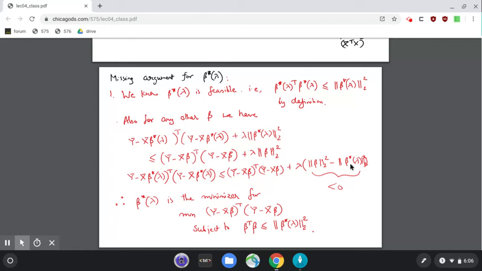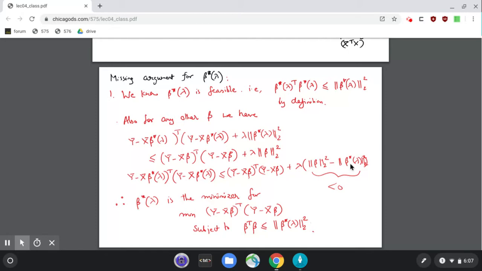Now we have to show that for any other beta, the objective of the second problem is, okay, there's a bracket missing here, but some square loss. Sorry, now we are showing that beta star lambda is also the minimizer for the objective of the second version of the problem. Remember, the second version only had the least squares loss.